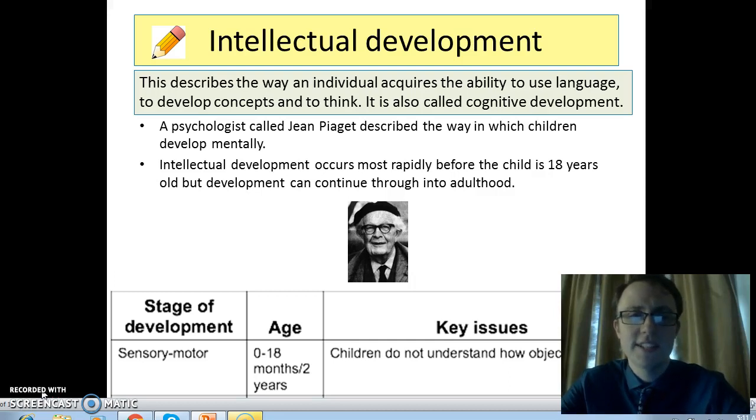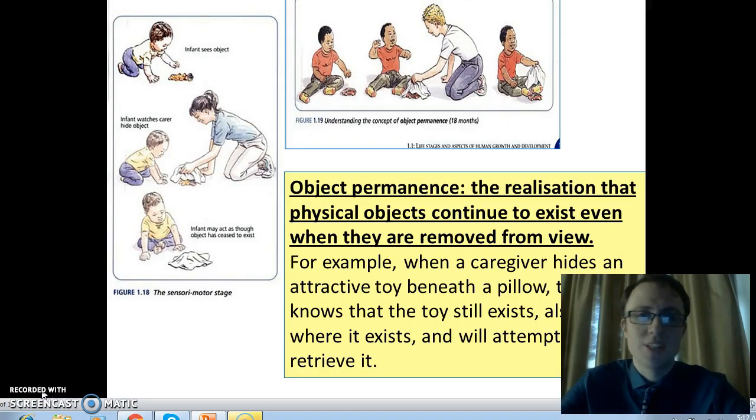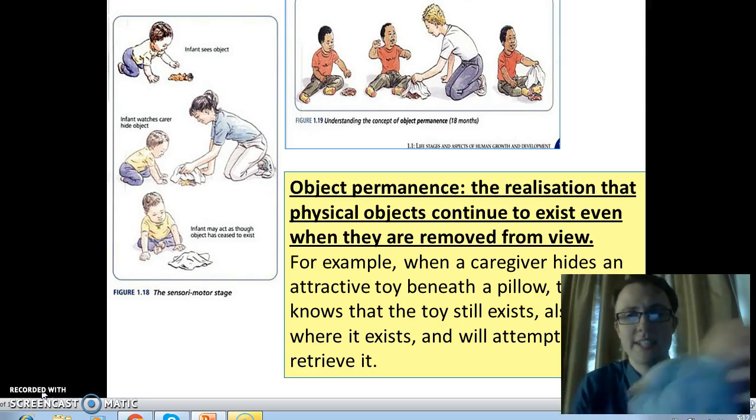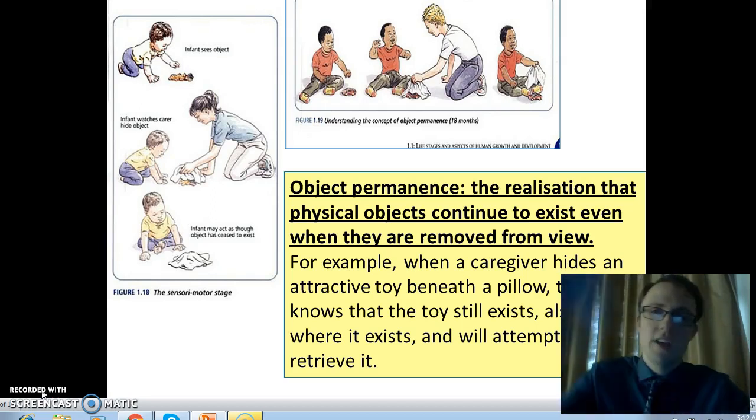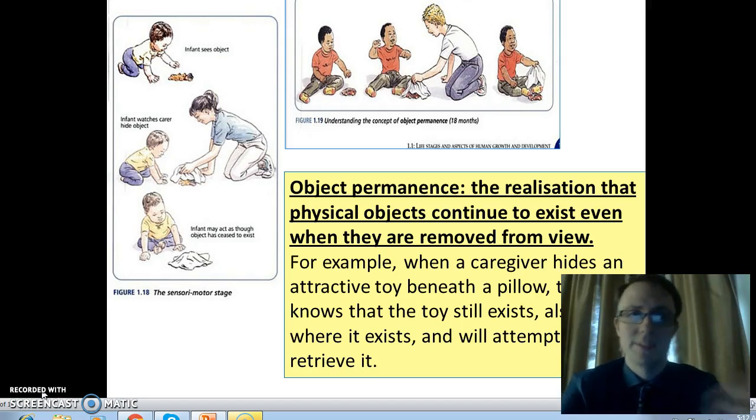He's defined this stage of development as sensory motor. In the first 18 months of an infant's life, on average, it will not have developed what is known as object permanence. That is, if the child sees an object hidden from its view, it will think that object no longer exists. However, at about 18 months of age, its intellectual development has improved.